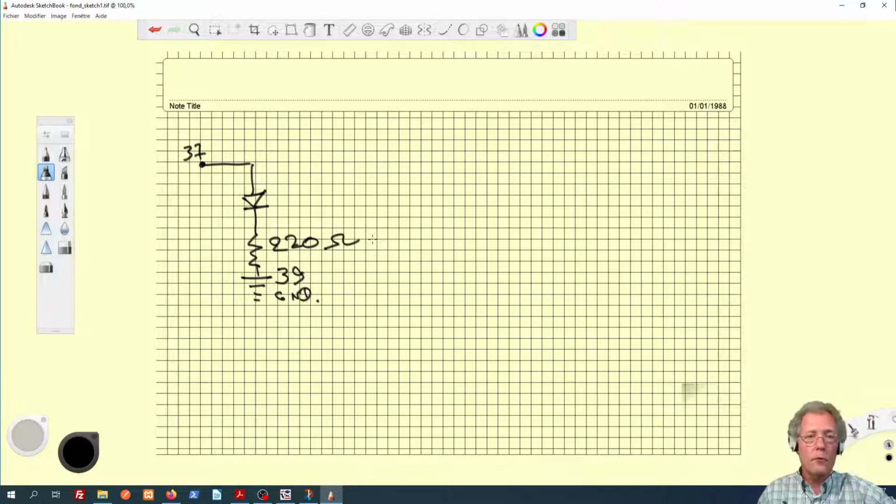Okay, so this is to illustrate pulse width modulation, as there is no possibility to have a continuous voltage from GPIOs. We have, for instance, 3.3 volt.